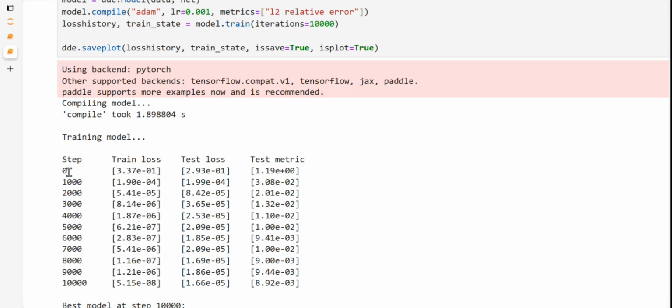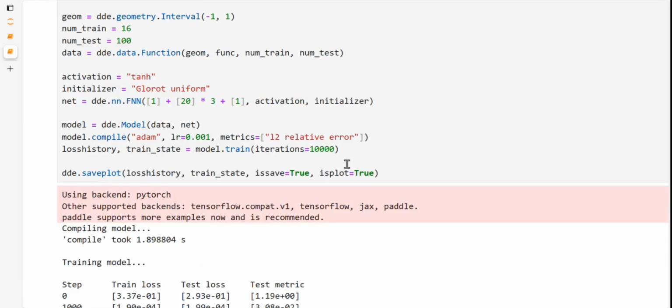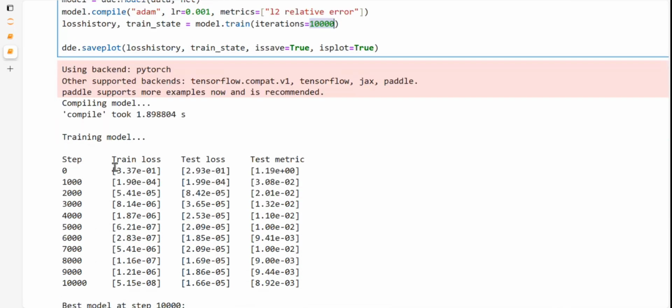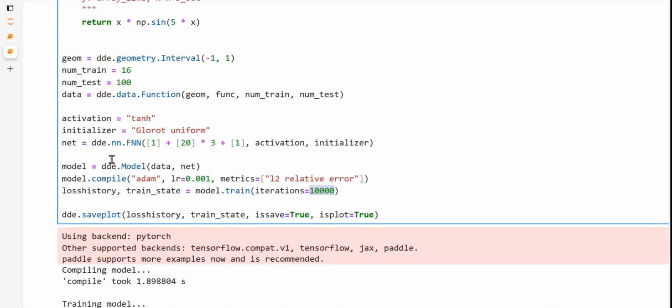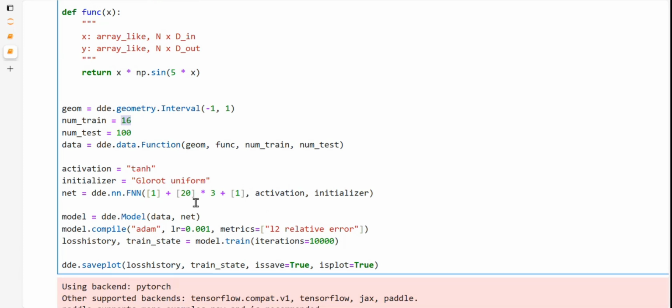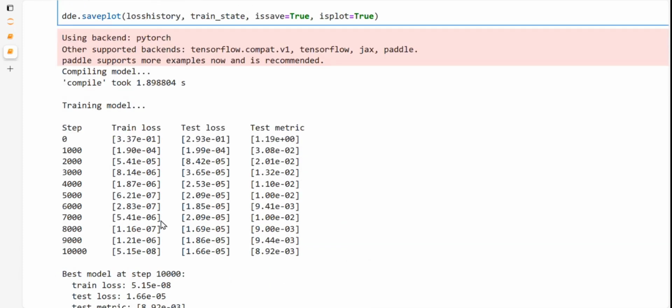The number of steps are 0 to 1,000, then 2,000 until 10,000, which was given over here as number of iterations, which we call epochs in machine learning. Training loss, when you train the model on 16 points, then you have this loss. The test loss is given in this column, and the test metric is given over here.